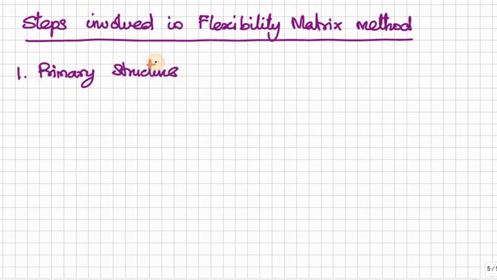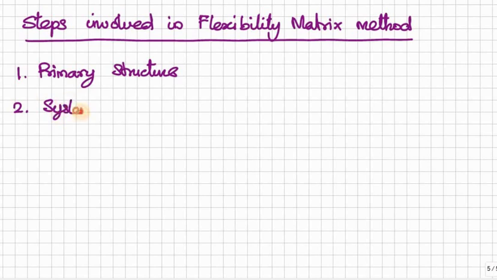So, while solving any problem in flexibility matrix method, first we have to convert the given indeterminate structure into determinate structure, which is called primary structure, by removing all the redundant forces.